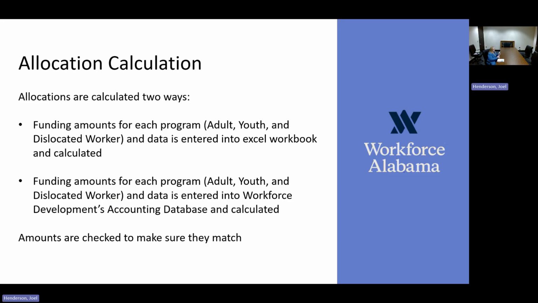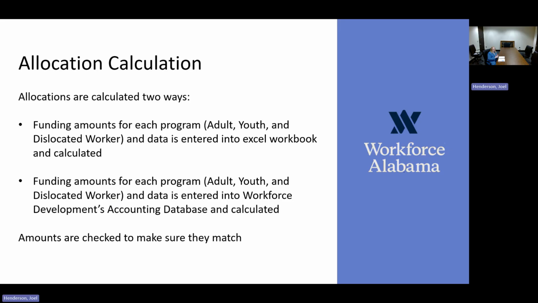The way we do the calculations, we actually do them two different ways. Once we get the funds from USDOL, those funding amounts are plugged into an Excel workbook. That workbook also has calculations for each one of those factors.